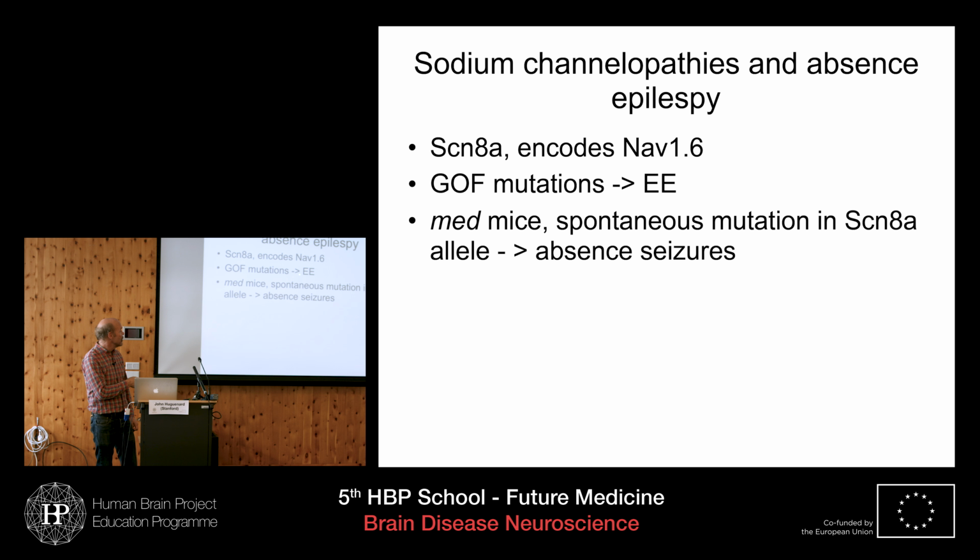Gain of function mutations lead to this severe form of epilepsy. These mice, the so-called med mice, are a spontaneous mutation that results in a heterozygous deletion of the SCN8A channel. So this is a loss of function of half of the gene dosage for this particular ion channel.